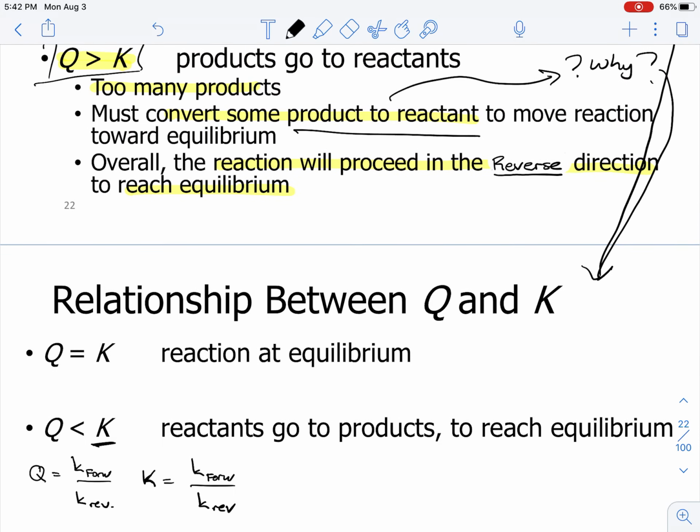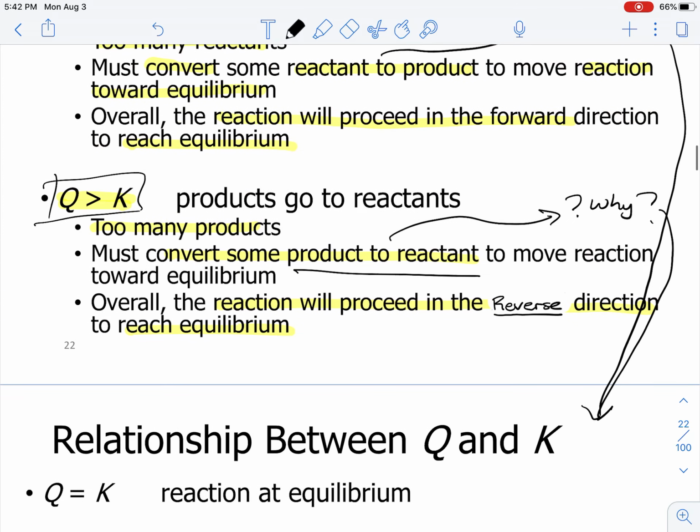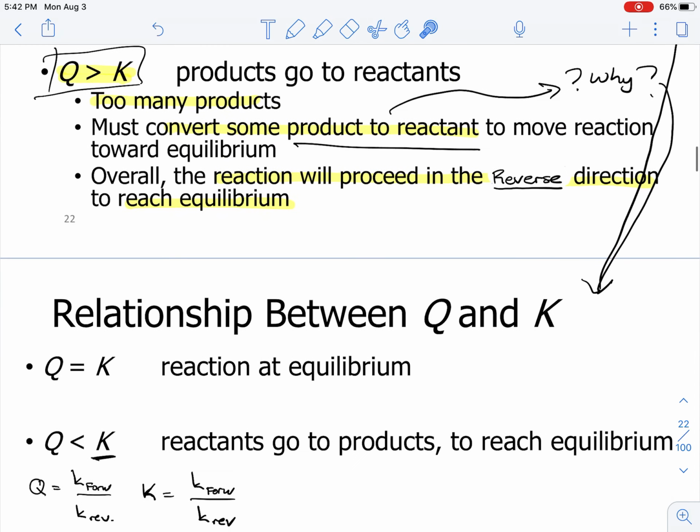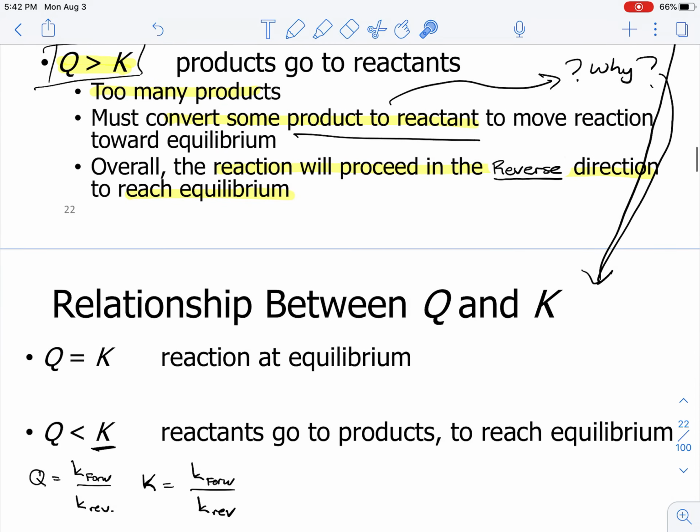Just focusing on this first scenario, I'm not really discussing it too much just because it is what it is. When Q is equal to K, the reaction is at equilibrium. Done. And when Q is less than K, remember that the reactants must be converted to products so that you can reach a state of equilibrium.